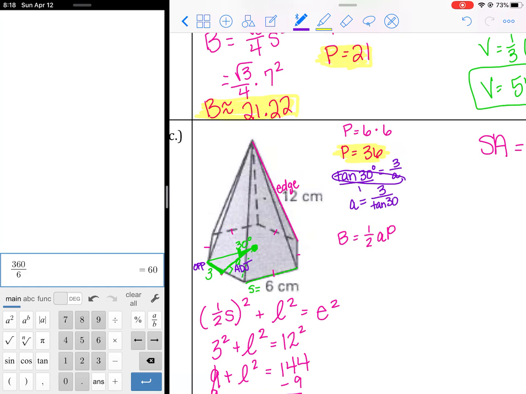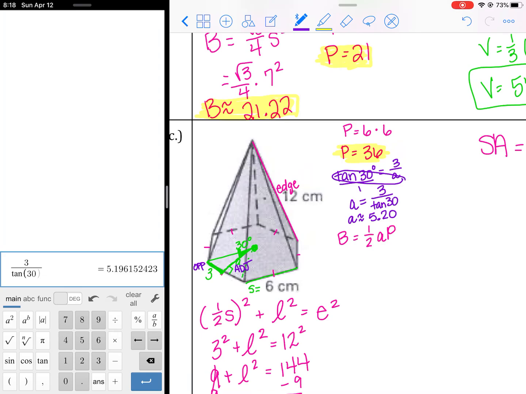So I switch those cross products, and that gets the A by itself. So to find the apothem, I'm going to plug this in and round it. So this will be 3 over the tangent of 30 degrees, which is going to be about 5.20 when I round it. So the apothem here is about 5.2.